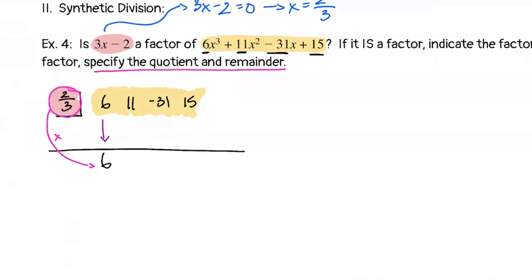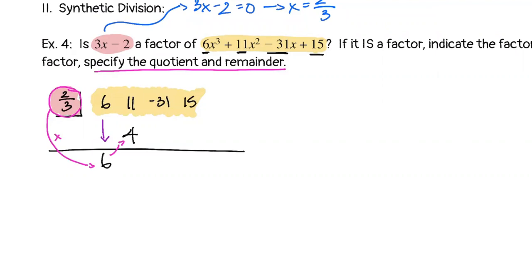So 2/3 times 6, 3 times 6. What does that give us? Yeah, that gives us a 4. And we're going to write that 4 right underneath the 11. Okay, that's one cycle.